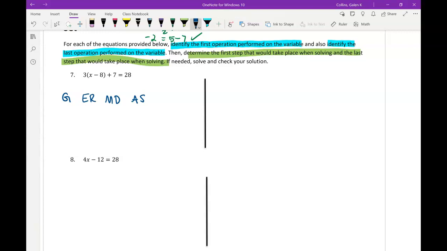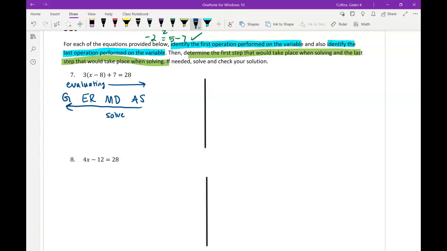When I am identifying what's happening to the variable, that is similar to evaluating, and that follows the order of operations. The second thing that we're asked to do is determine what we would do to solve. And when I solve, that is when I'm working backwards using inverse operations.